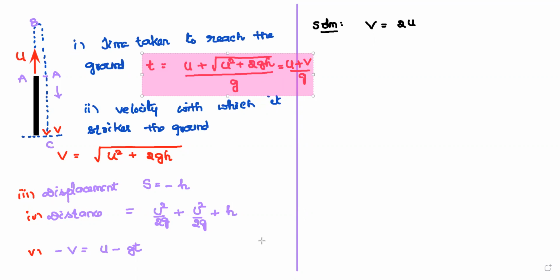From the highlighted formula, here T is equals to, what I'm going to write? u plus v by g, that is u plus v is 2u by g, then you will get the answer. That is 3u by g. 2u plus u is 3u. 3u by g. Good. And here, what is the other question I asked?